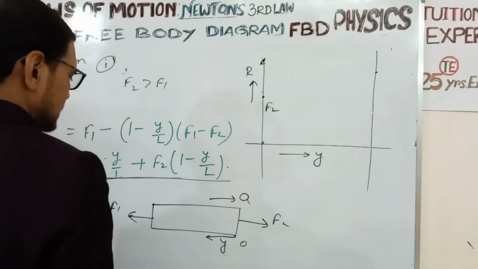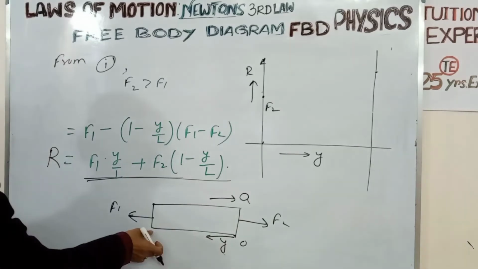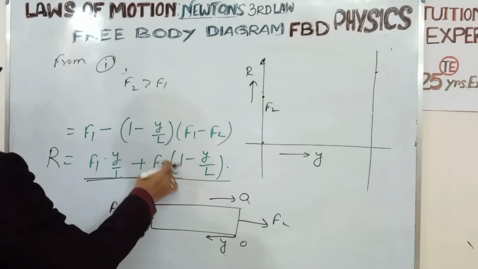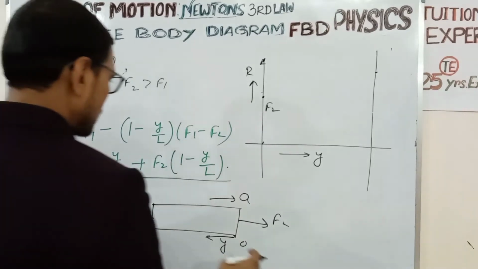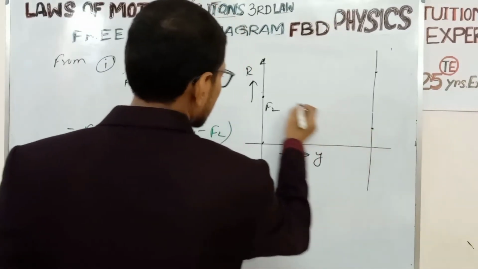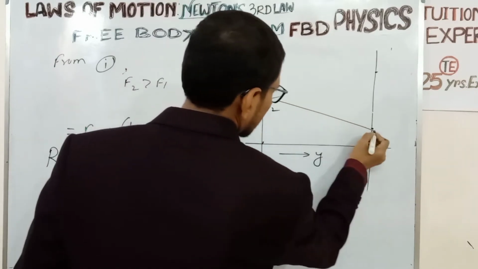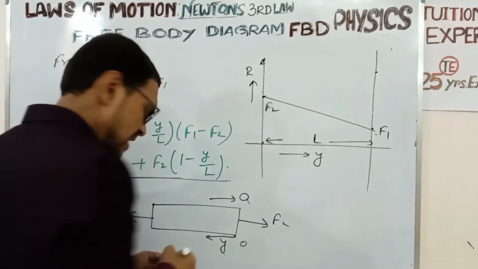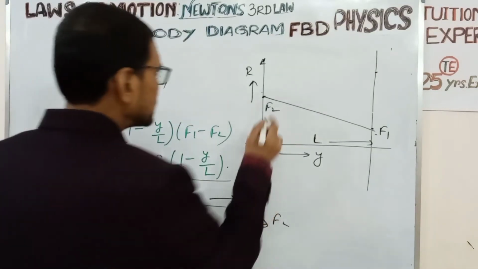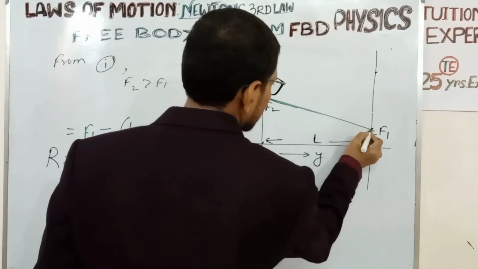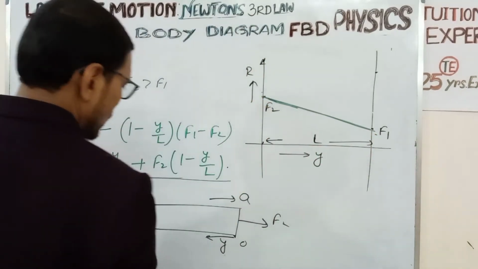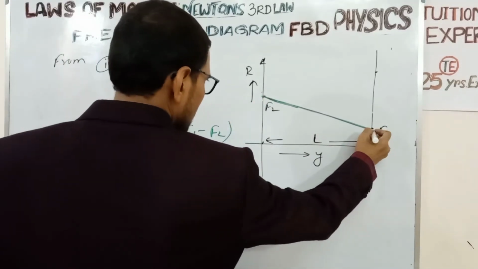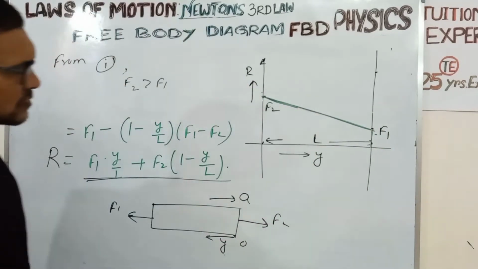And when we proceed here, when y equal to L, then this is F1. Now F2 is greater than F1, and this length is L. So this is the diagram, reaction versus y. At y equal to 0, force is F2, and the other end is F1.